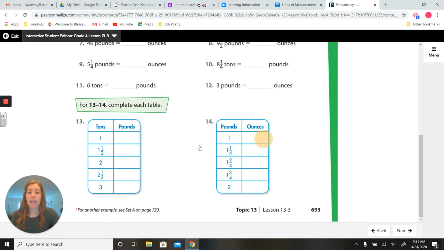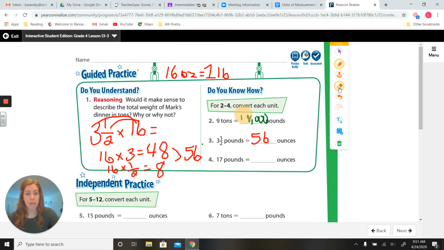Okay? With your tables, I don't want you guys to get too far ahead of yourself. So let's look at, this one has a little bit more variety of fractions. So let's look at, we are doing pounds to ounces. Oh, excuse me, I did that backwards.